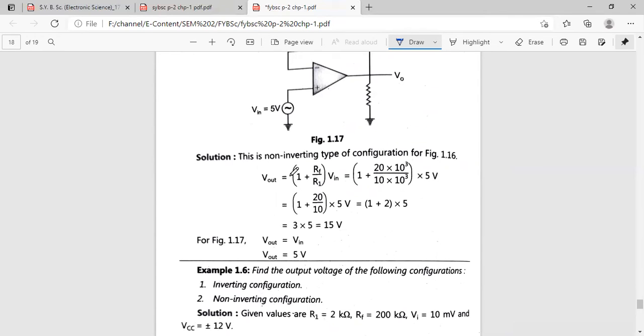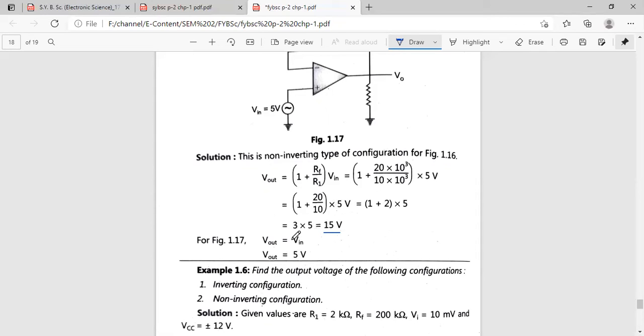So simply in this formula we have to put the values. We know the value of feedback resistance, the input resistance and the input voltage. If we put all these three values in the formula, we will be able to calculate the output voltage very easily. By doing this calculation, you will reach the final output voltage of 15 volt.